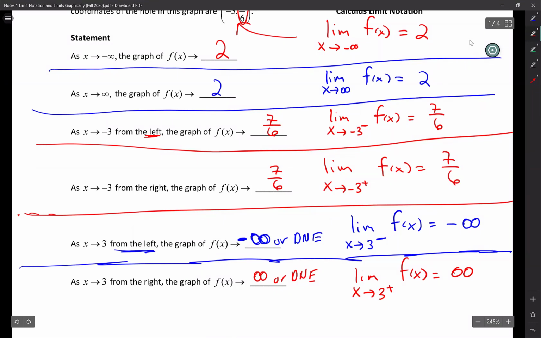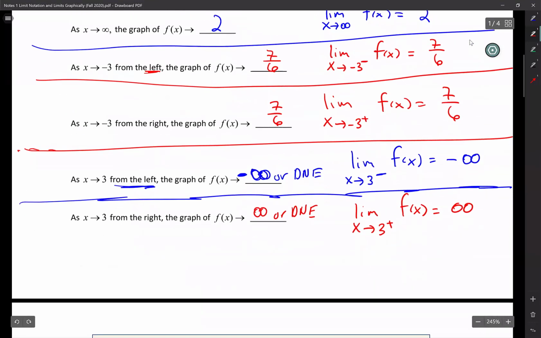All right. I was going to make a note. Okay, you know what? Let's talk about it. If the limit from the left would not equal the limit from the right, let me write it here.